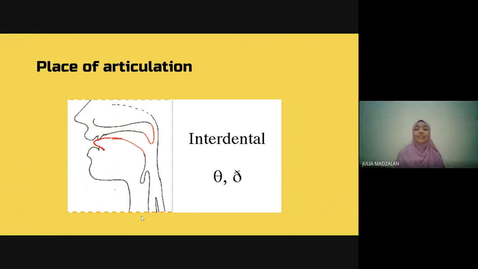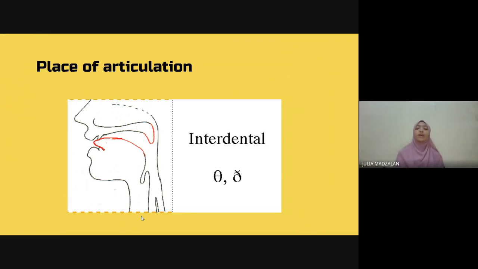Kemudian interdental ataupun dikenali sebagai dental sahaja. Is when your tongue is in between your teeth. So example of sound, th, huruf th, and huruf th, they, th and the.